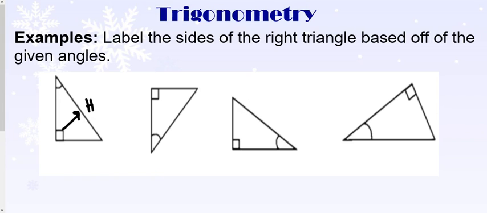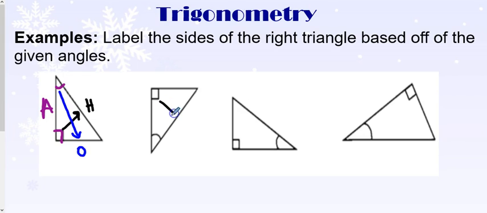Then I'm going to flip-flop and do my A next, because I think that's the second easiest piece to find: the side that's between my given angles. I've got the given angle and my right angle right here, so the side that's touching both of those gets my A. And the last piece is the opposite, which is always across from the given angle, and that would get my O.